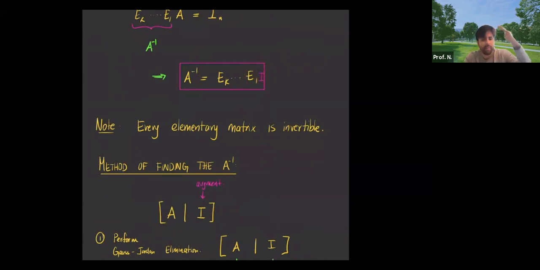For every row operation I have a certain elementary matrix, so if I multiply all of these elementary matrices together, that product will indeed be the inverse.